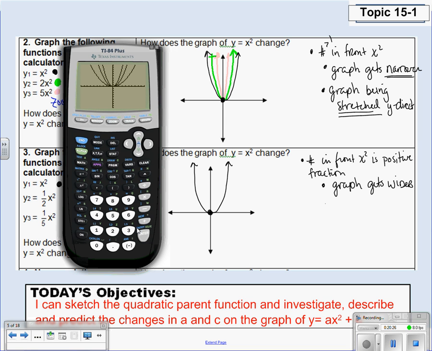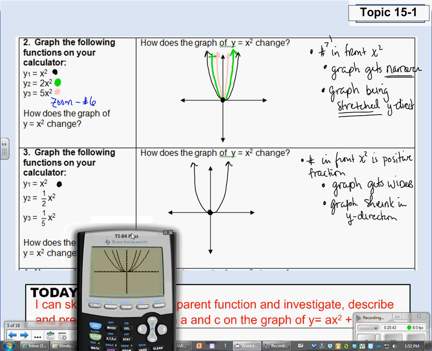So if it's getting wider, we also say that the graph is being shrunken, or the graph shrinks in the y direction. So now let's draw those pictures using your different colors.